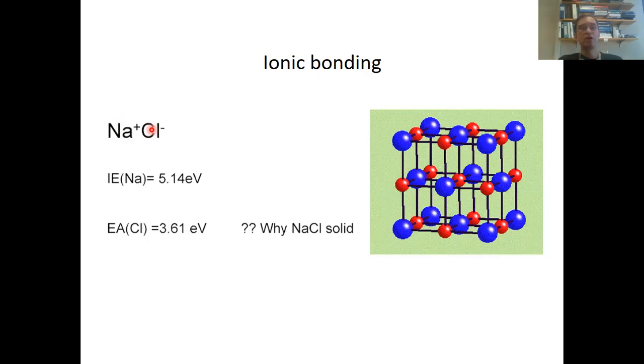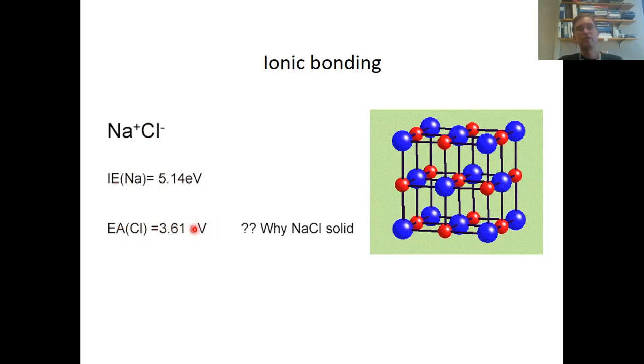Okay, so we would assume that when a sodium atom reacts with a chlorine atom, an electron is transferred from the sodium atom to the chlorine atom, making the sodium a sodium plus and the chlorine a chloride minus. However, when you look at the ionization energy of sodium, we find it's 3.14 electron volts. And when you look at the electron affinity of chlorine, it's 3.61 electron volts.